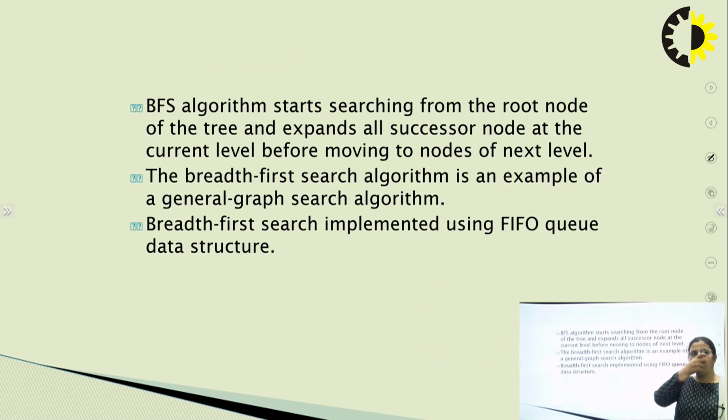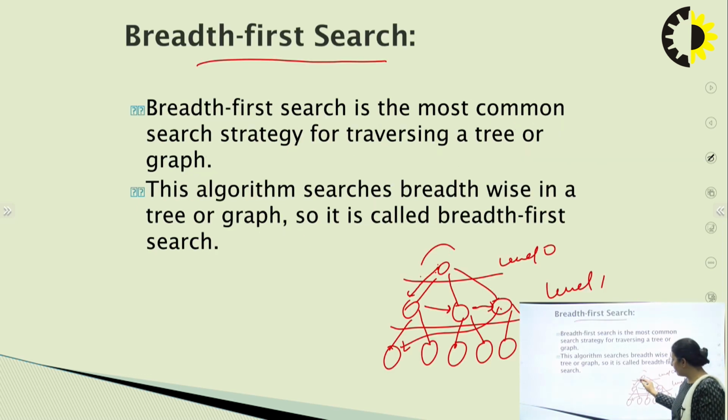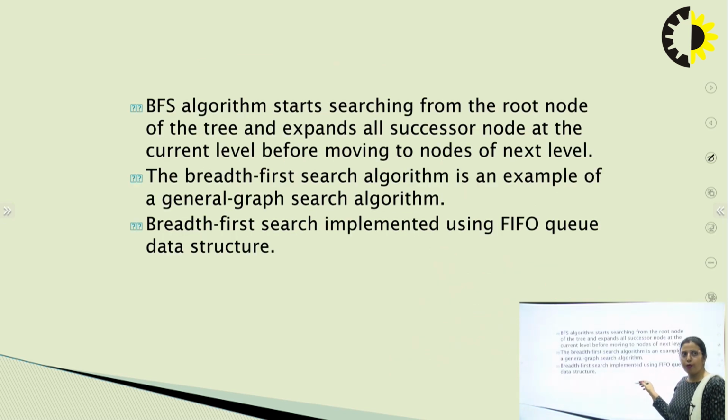The BFS algorithm starts searching from the root node, which is where we have to start the searching. Starting from the root node, it expands its successor nodes, or child nodes, from the current level before moving to the nodes of the next level.